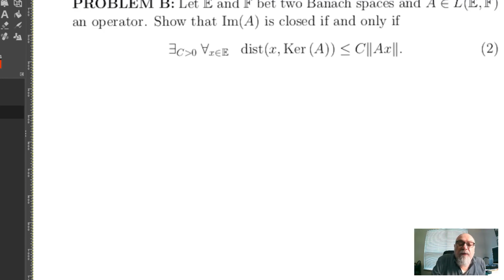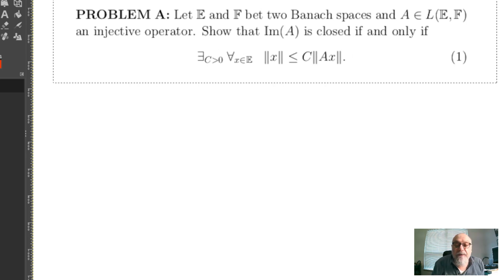So that's the next problem, and that's our first problem. Let me definitely start with this problem. We consider two Banach spaces. There is a typo, of course. Let E and F be two Banach spaces and A a bounded operator from the space E to the space F, which is also injective.